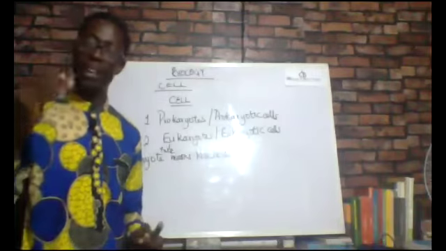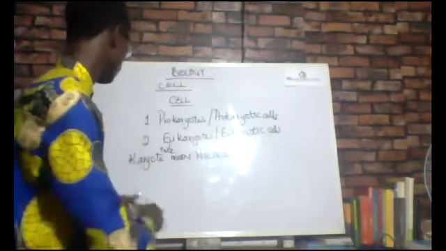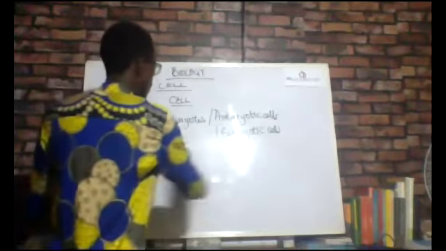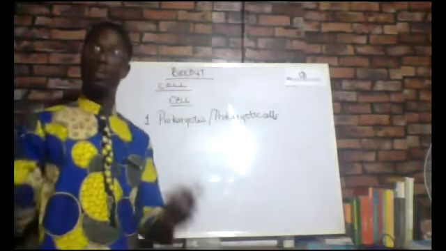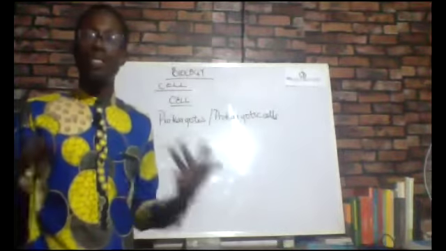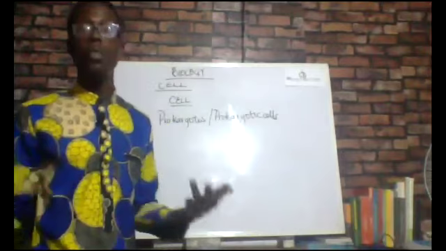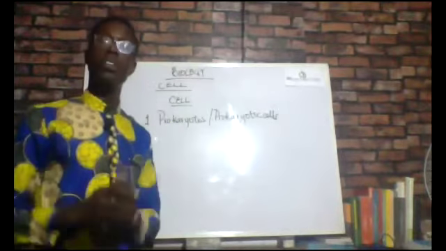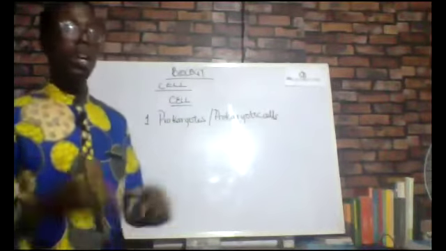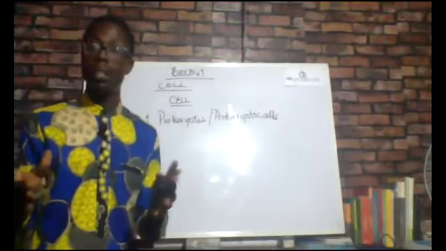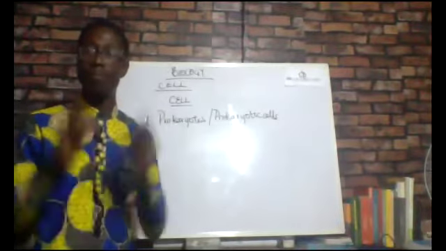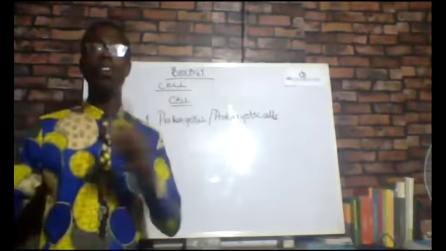So let's break it down. Let's start from prokaryotes. What are examples of prokaryotes? By that, you'll be able to understand this whole thing that I'm saying. Right now, I'm going to share a screen with you that shows an example of prokaryotes. It is bacteria. We have bacteria as a typical example of prokaryotes.